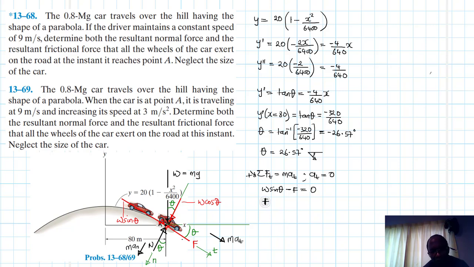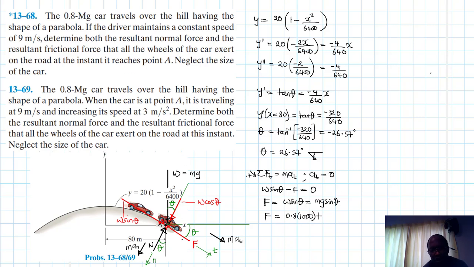And therefore our friction force just becomes equal to W sine theta, and this is just going to be equal to mg sine theta. So F will be equal to, our m here is 0.8 by 1000, mega is 10 to the power 6.